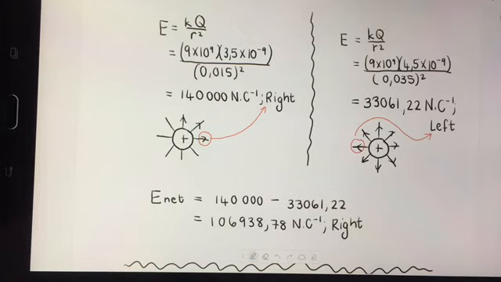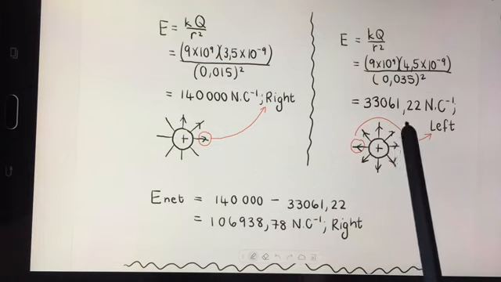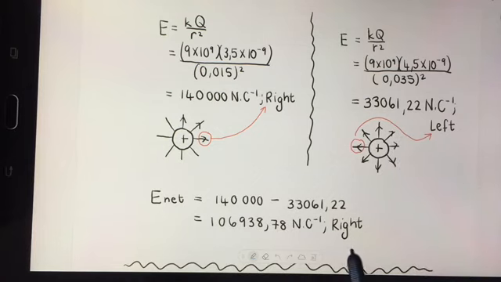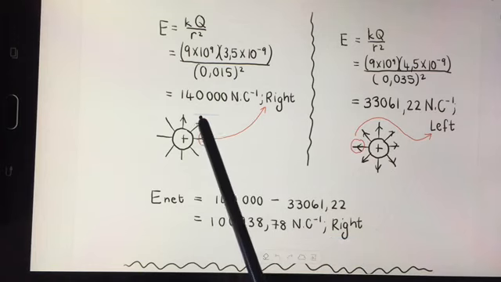And just like we do vector calculations, I always just say the big one minus the small one in the direction of the big one. So that is how I know that it's going to be to the right. And if I say that minus that, this is the answer that I get. So that will be the electric field strength at point X as a result of Q1 and Q2.